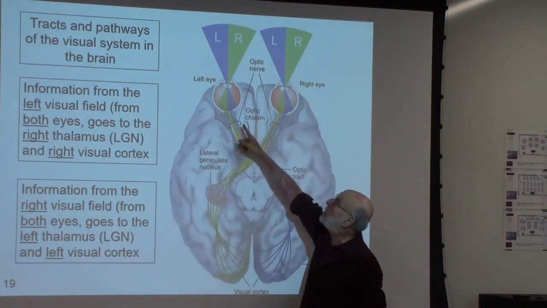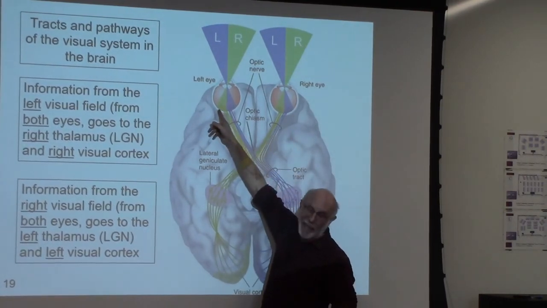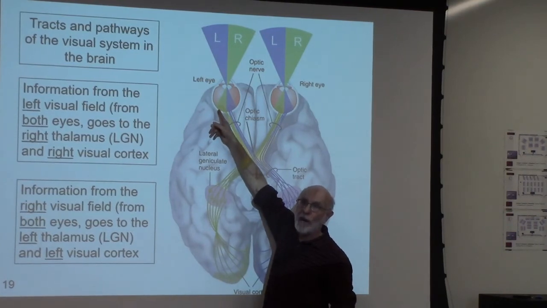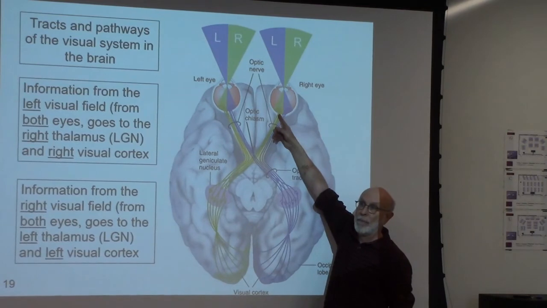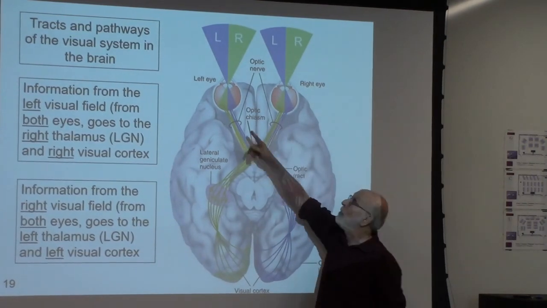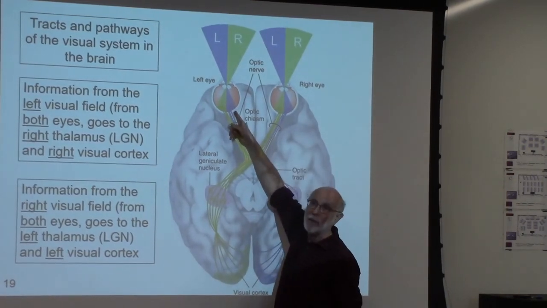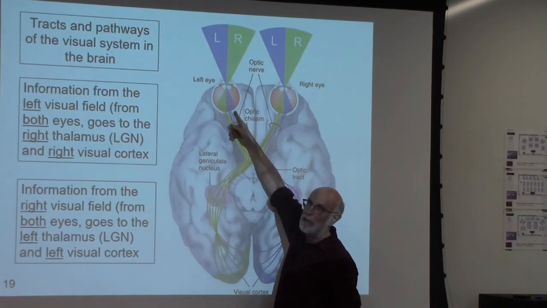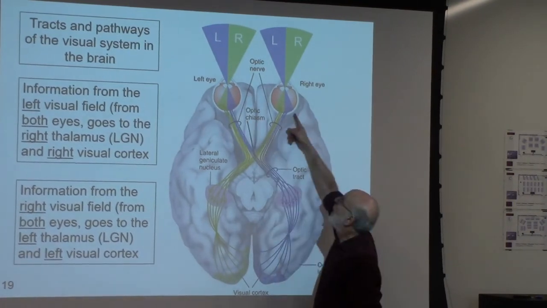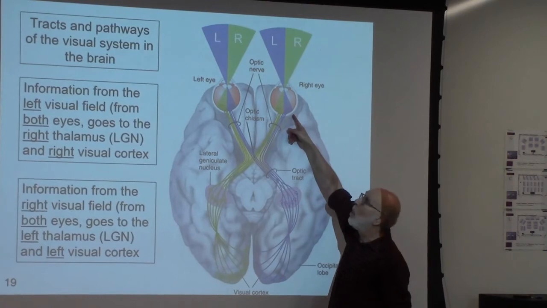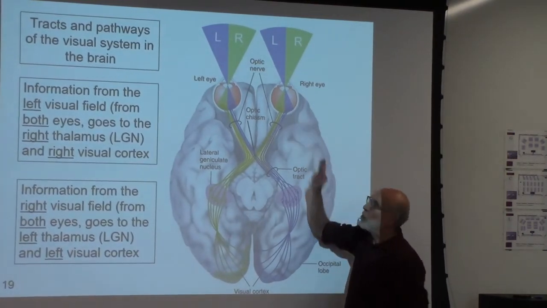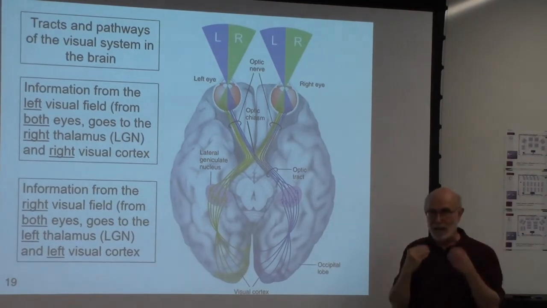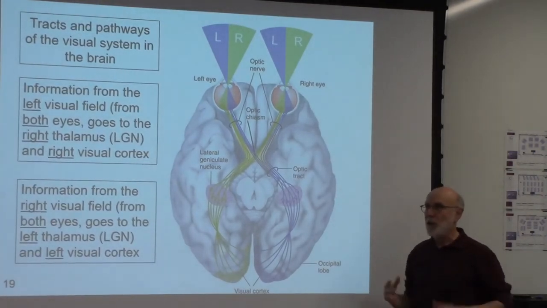The right visual field activates the left or lateral part of the left eye and the right or medial part of the right eye. And the left visual field activates the medial or right part of the left eye and the lateral or right part of the right eye. Okay? So getting this image into your brain is going to be important for understanding this.